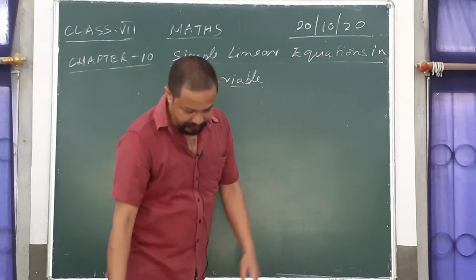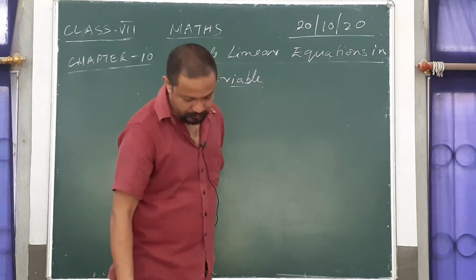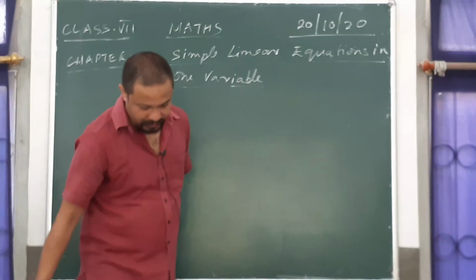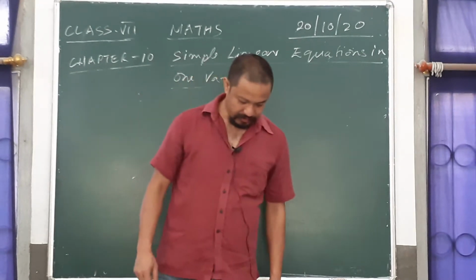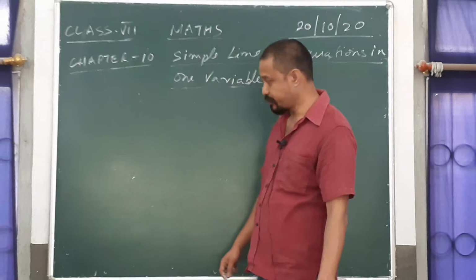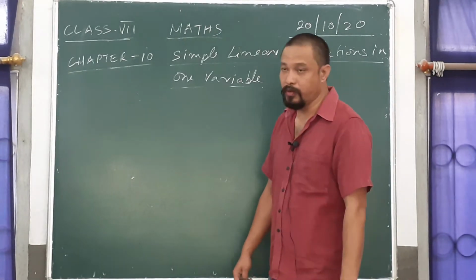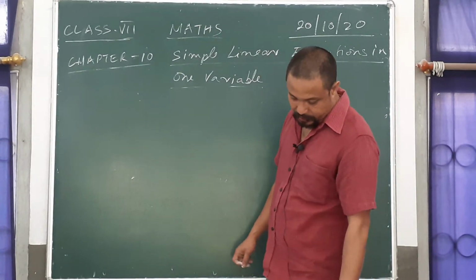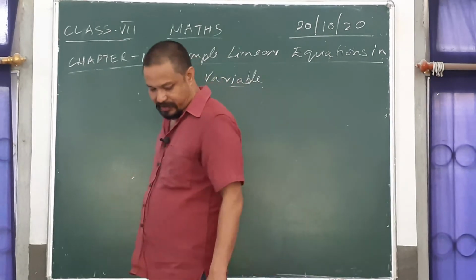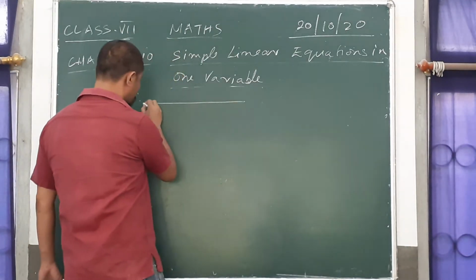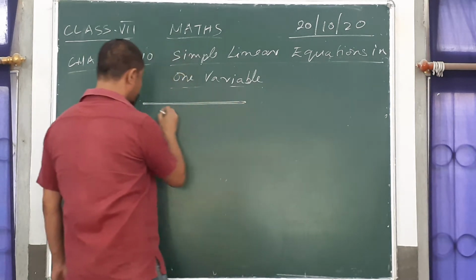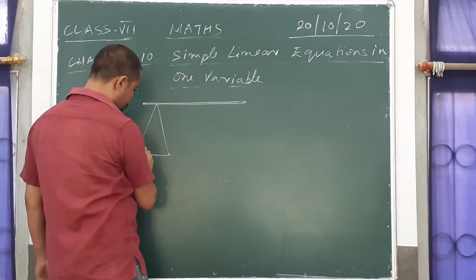This is another beautiful example. Both the sides will have to be equal to each other, then only it will be an equation, otherwise it will be an inequality. So a simple example given in the book is there is a pan, like your, I think this is your physical balance, right?